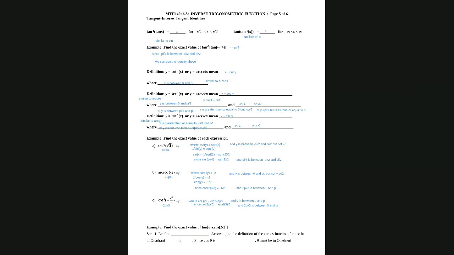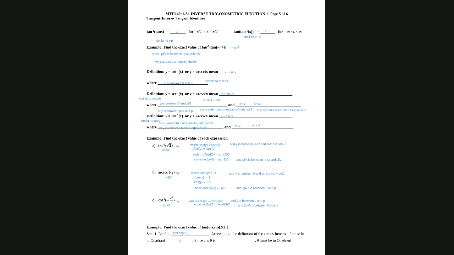So next, we want to figure out the exact value of the tangent of the arc cosine of 2/3. So we're going to let theta equal the arc cosine of 2/3. According to the definition of the arc cosine function, theta has to be in which quadrant? Well, let's see. So I know theta must be between 0 and pi.